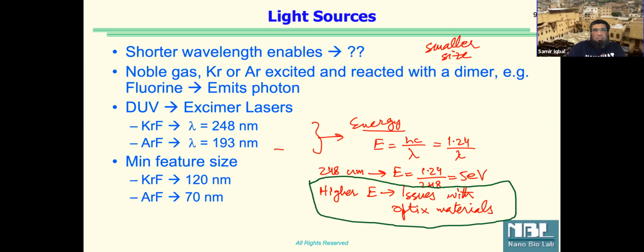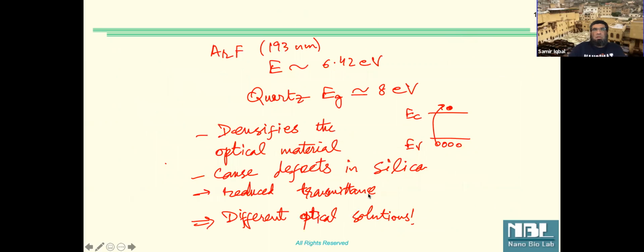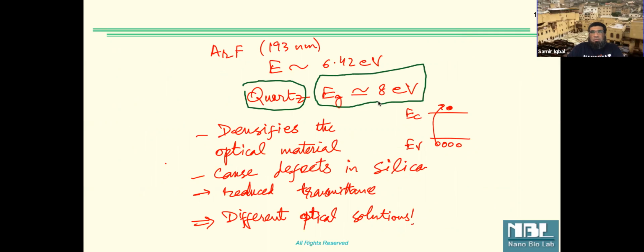From these wavelengths, you can get these kinds of feature sizes, but we have to know that this is not possible, because the energy of glass, which is quartz, almost starts approaching that energy. So what is that energy? Okay, who has taken a solid state devices course?